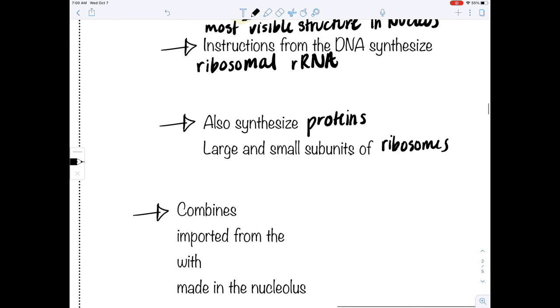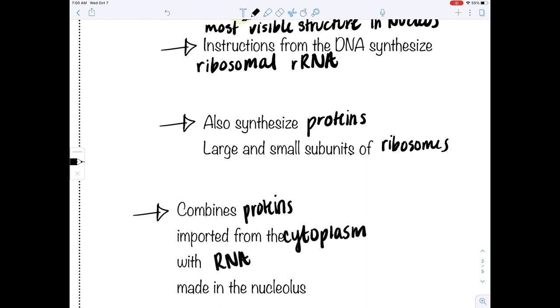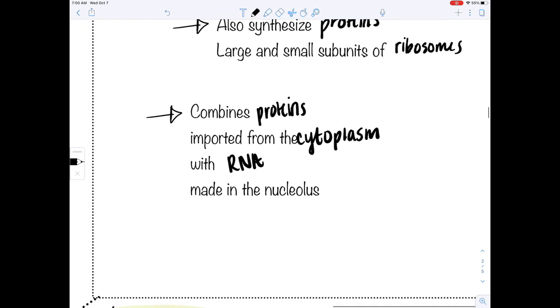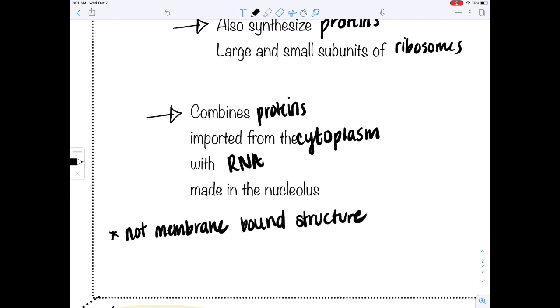Your nucleolus is going to combine proteins that it imports from the cytoplasm with the RNA that's being made in the nucleolus. Now, your nucleolus is not a membrane-bound structure.